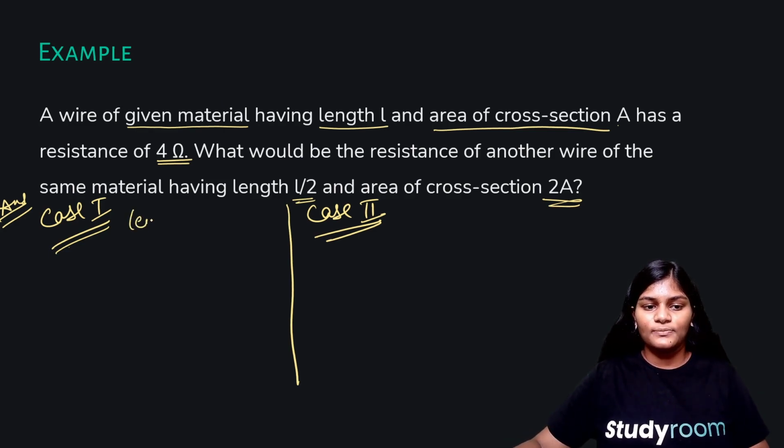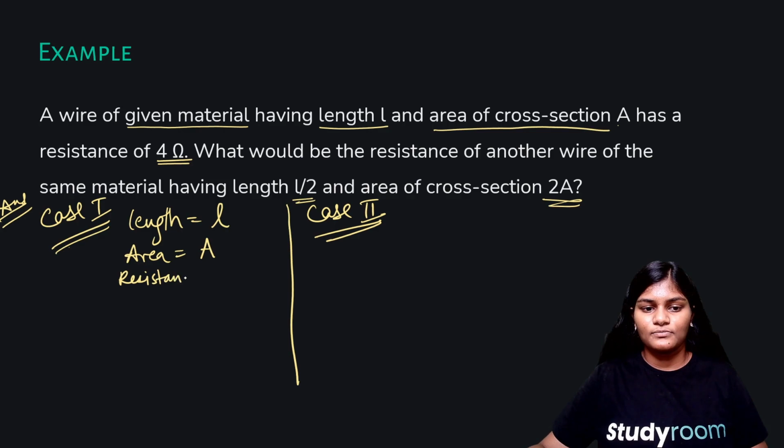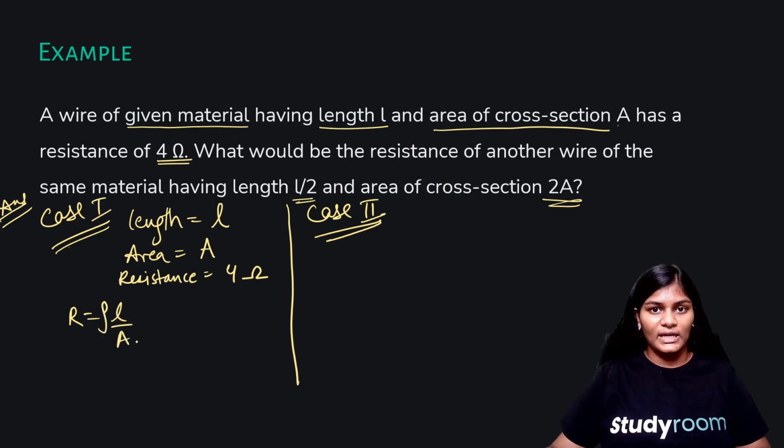So length, because we don't have a specific quantity for it, we simply write L. Area is given as A and resistance is given as 4 ohm. Okay. Now, if I write the formula of R, what is it? It is rho L by A.